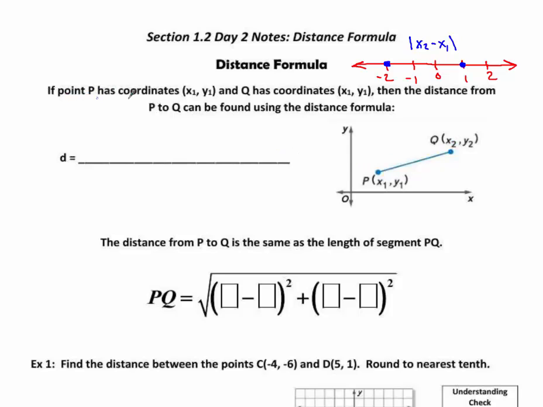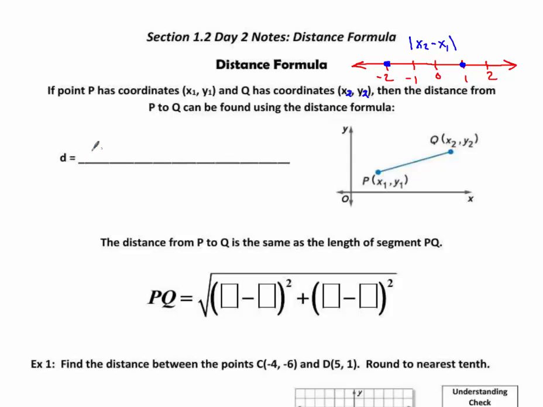So if a point P has the coordinates x1 and y1, that just means it has coordinates. And there's another point Q, and it also has coordinates, x2 and y2. Then the distance from P to Q, if we want to know how long this is, can be found using the distance formula.